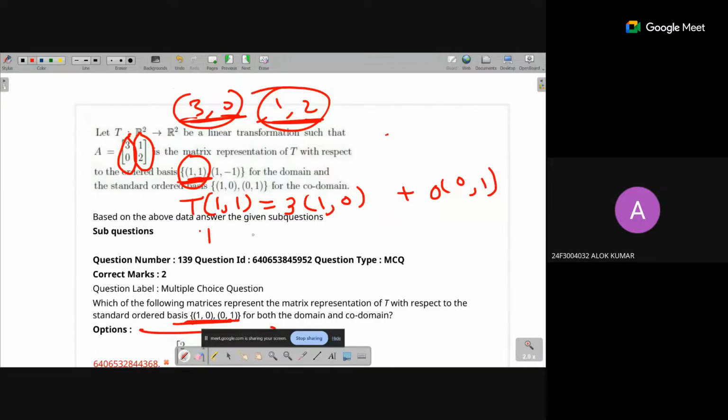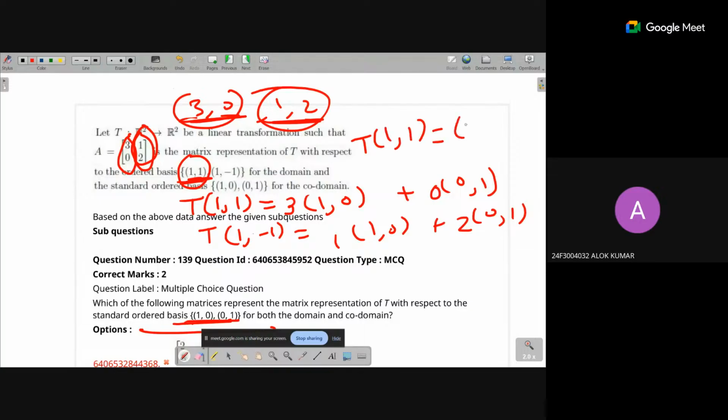And the transformation of 1, minus 1 will be written in the basis of the codomain, with coefficients from column 2, which is 1, 2. So write this, and now calculate. So for T(1, 1), in the standard basis it is 3, 0, no change. So T(1, minus 1) is basically 1, 1.